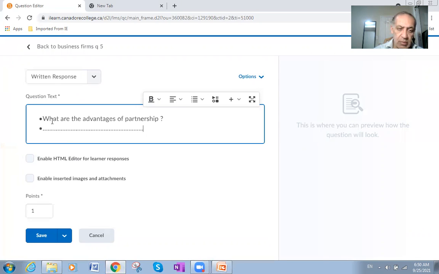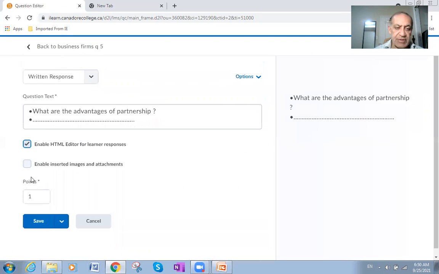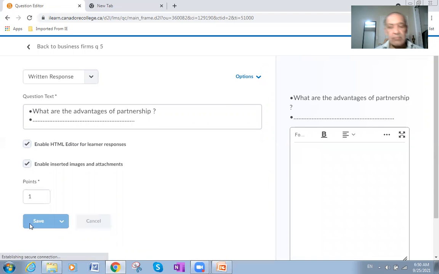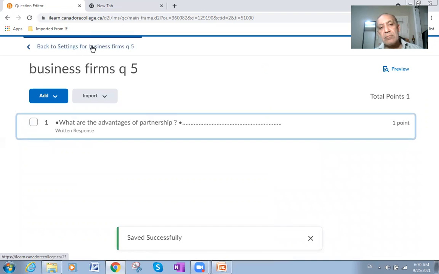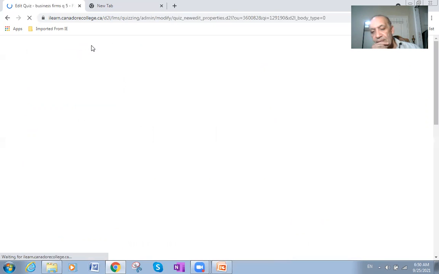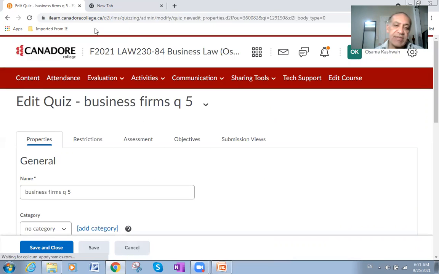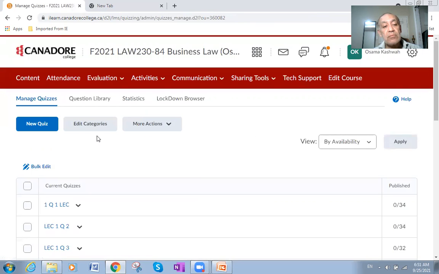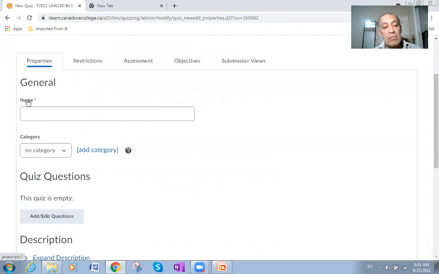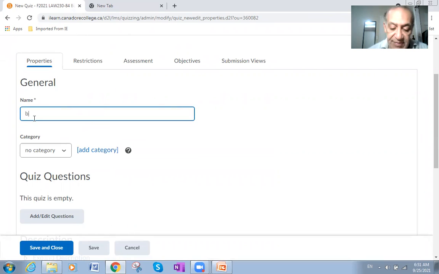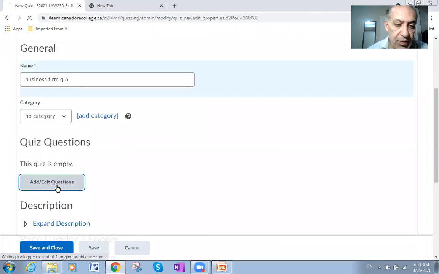So here we go. What are the advantages of partnership? And the third question, what are the disadvantages of partnership? That will be business firms, question 6.